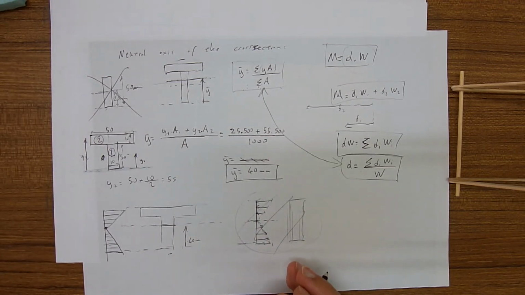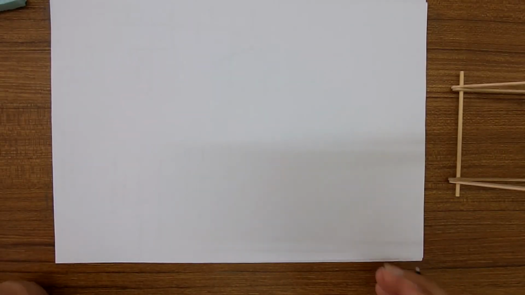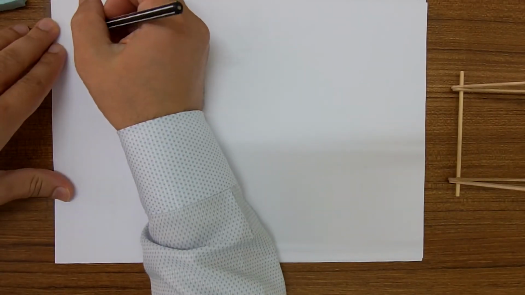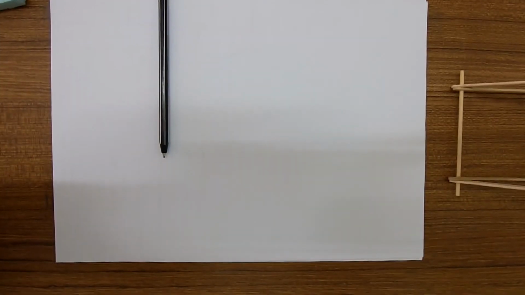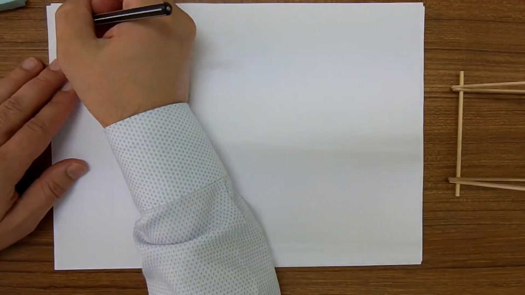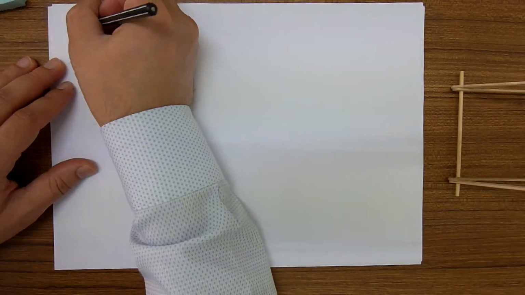Okay, let's calculate area moment of inertia, which is also called second moment of area. So what is the formula for area moment of inertia?